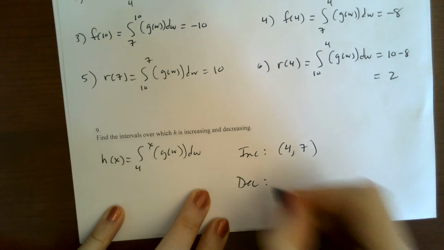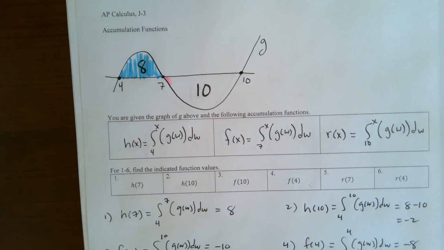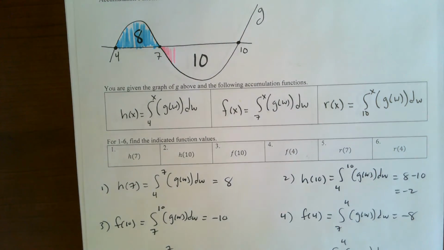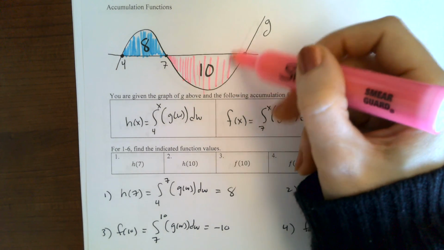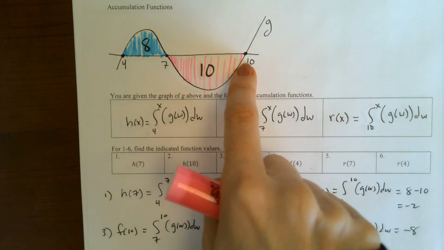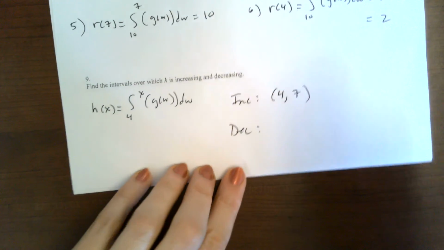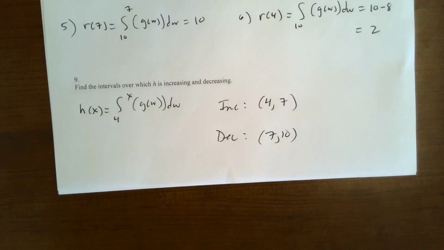But then at 7, we start to add on negative area, more and more negative area. So it's decreasing from 7 to 10. Okay. Alrighty.